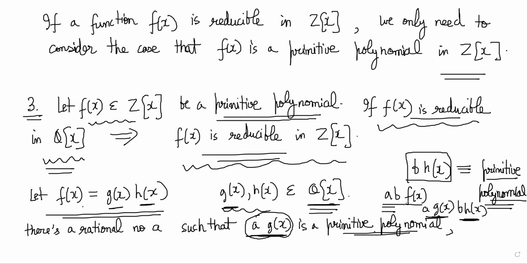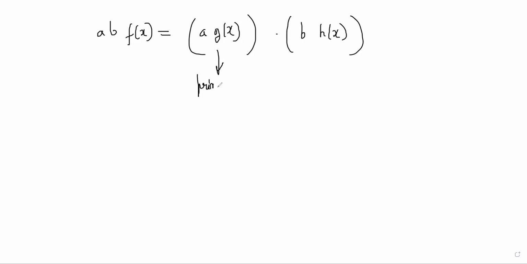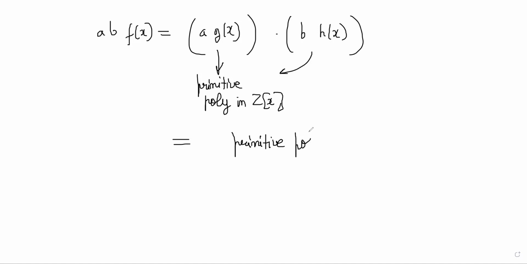So by Gauss's lemma, the product of two primitive polynomials is itself a primitive polynomial.